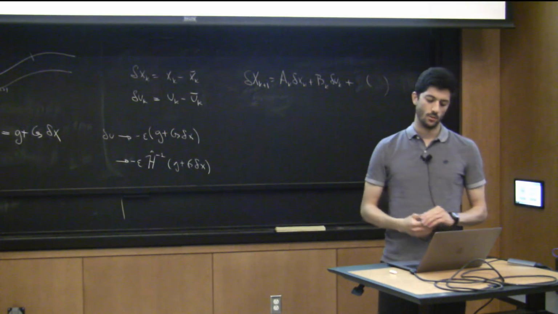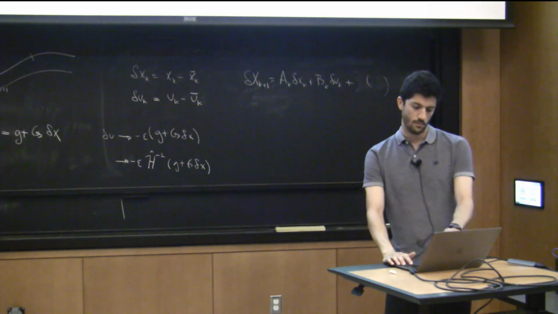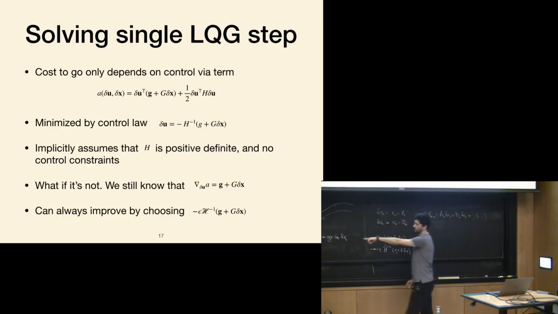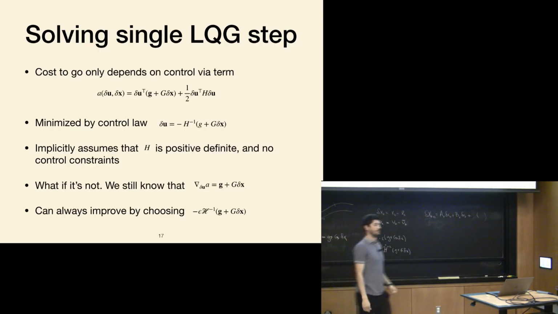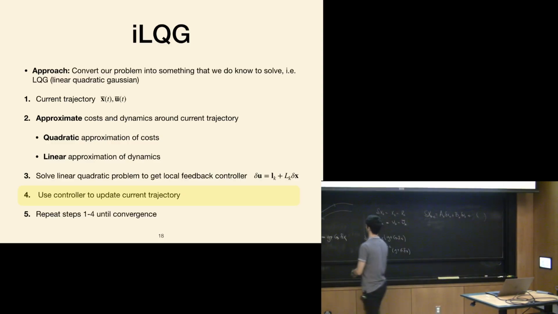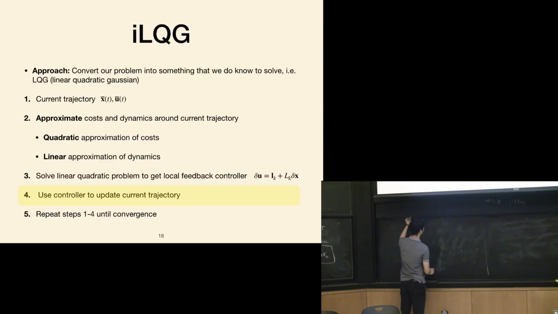Okay. So now, what do we have? We have a controller, right? This minus H inverse (g plus delta x), or this one, these really do have this form. So now that's a controller. We use the controller to update the current trajectory, which means, let me redraw this picture. This is the trajectory we started with.